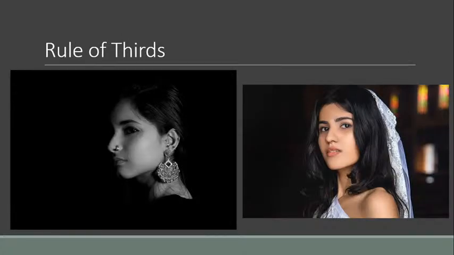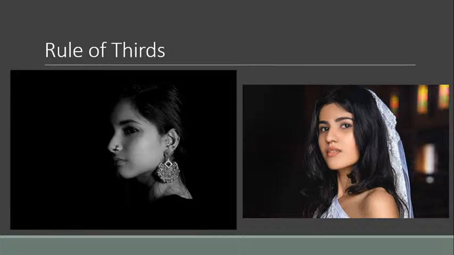So the first thing you have to keep in mind in clicking any kind of picture is your framing. The first rule of framing is the rule of thirds. I am pretty sure everyone must know what the rule of thirds is, but I'm still going to go through this particular rule so that everyone gets acquainted with it.